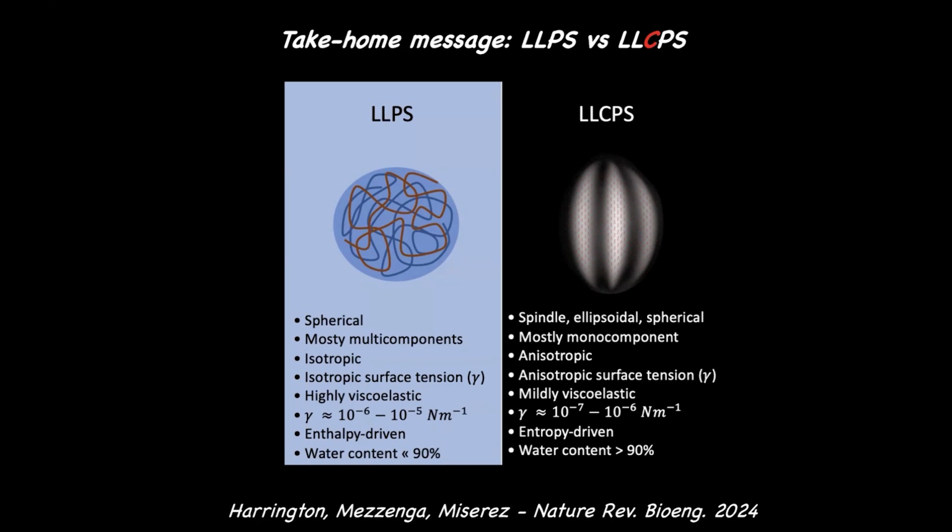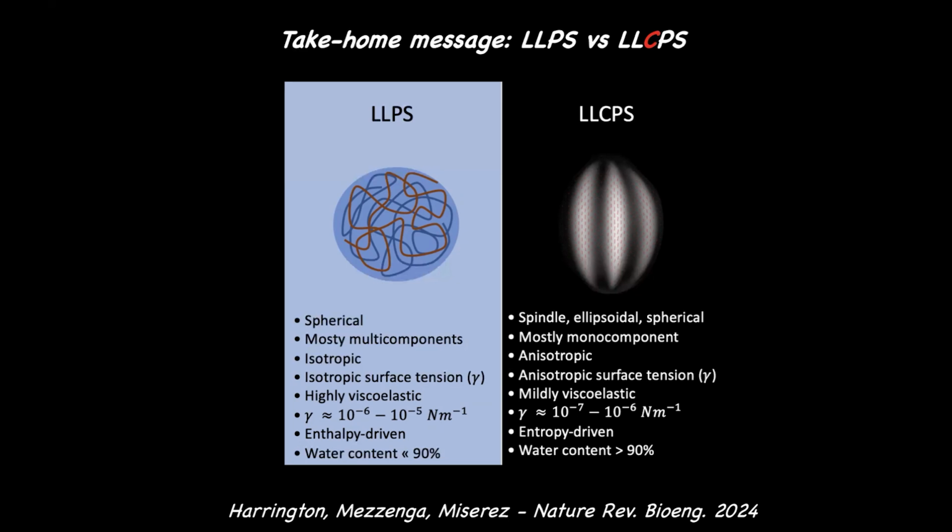So this is a slide just to summarize. Last year, together with Matt Harrington at McGill and Ali Seres at FU, we put up a review to explain the differences between LLPS and LCPS. This reference gives a lot of biological systems where people still get it wrong, and say, I talk about LLPS for this, but LLPS is isotropic.